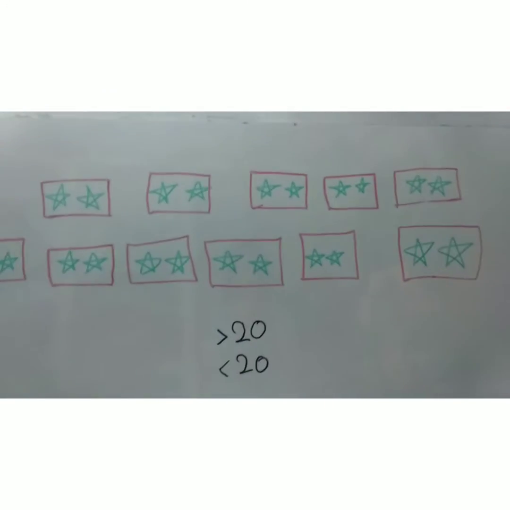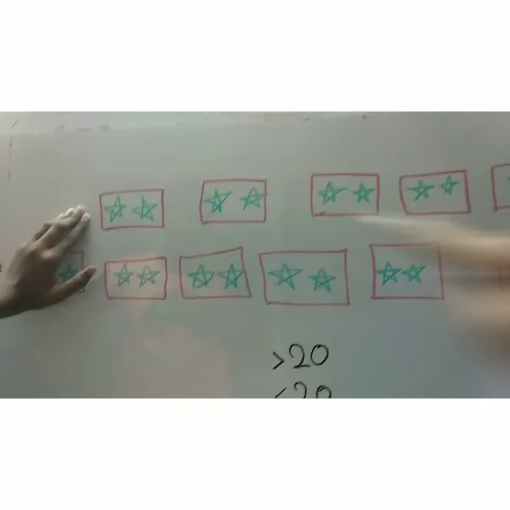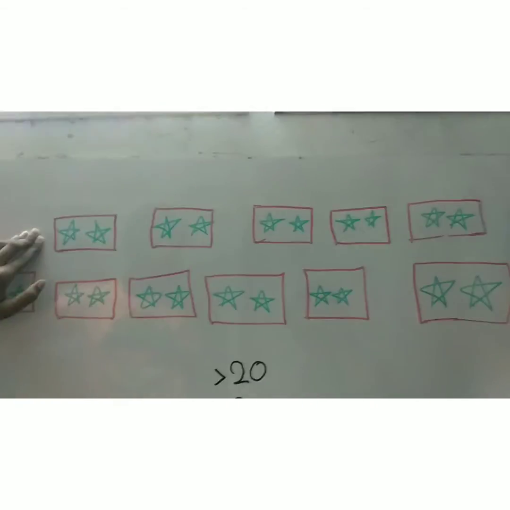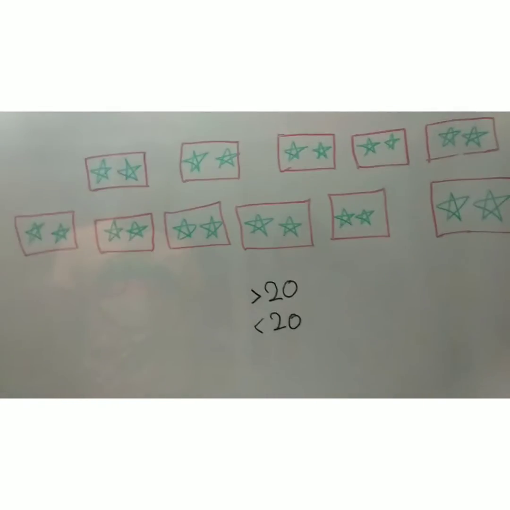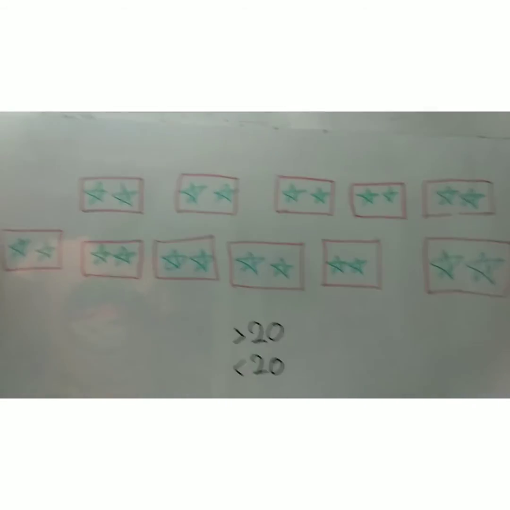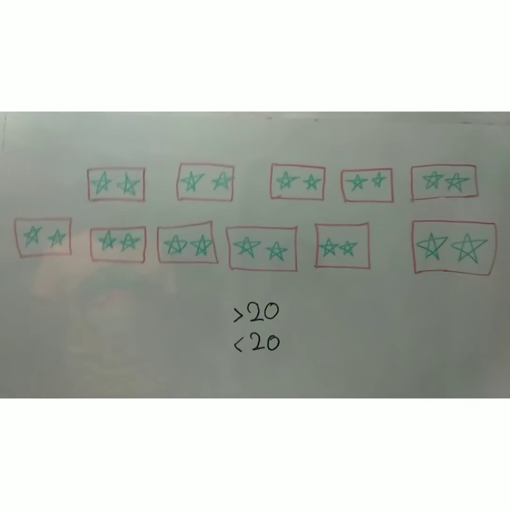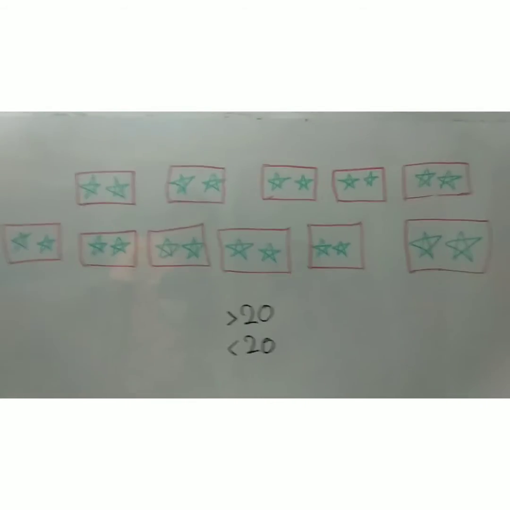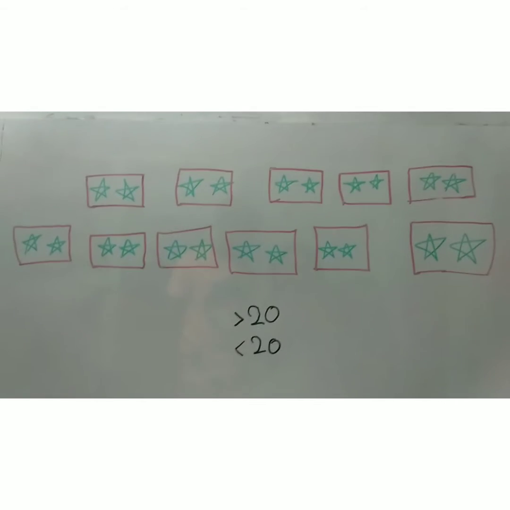Let's count. So there are 5 pairs in first row and 6 pairs in the second row. So now tell me students, what is the total number of pairs? 5 plus 6. So the total number is 11. So there are total 11 pairs on the board.